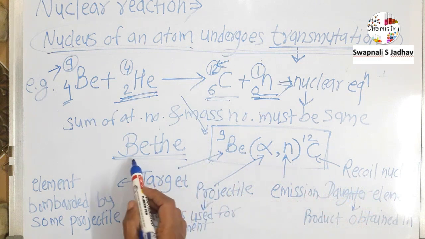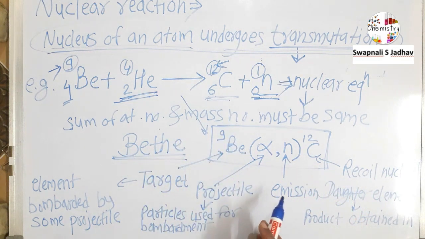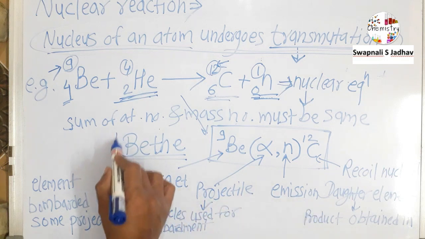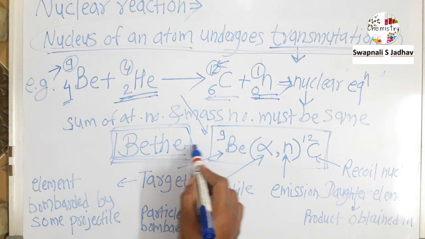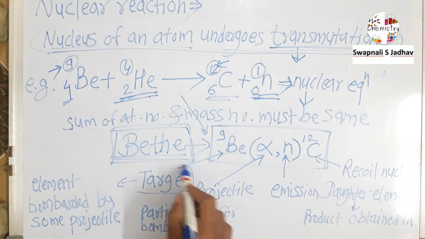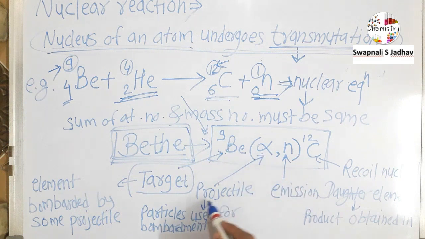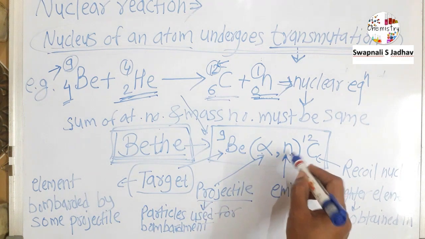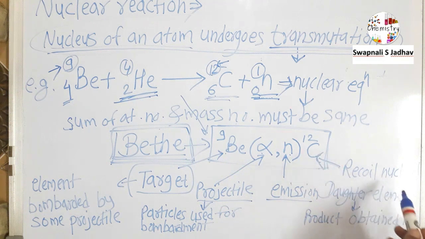Okay. Here this nuclear reaction is represented in abbreviated notation by the scientist Bethe. According to Bethe, the first notation in the bracket is of the target, the next is the projectile, the second symbol is the emission, and the last one is the recoil nucleus or daughter element.